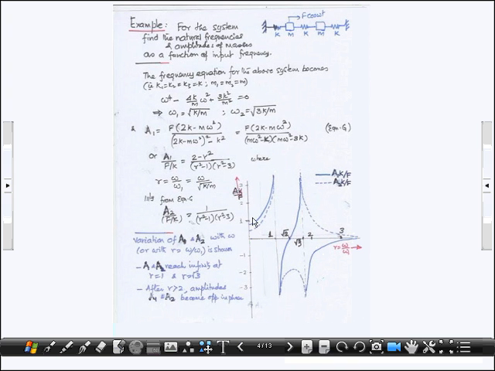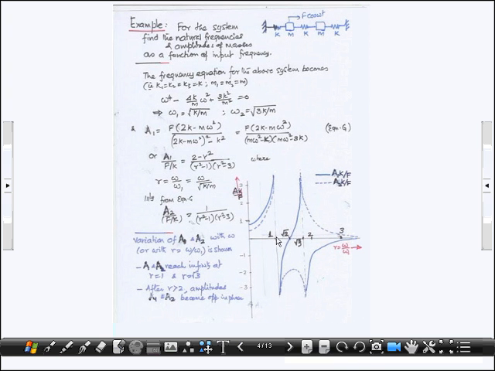You will find that when r becomes equal to 1 or r is equal to root 3, the denominator becomes zero and the amplitude goes to infinity. Naturally, these two happen to be the two natural frequencies, and under those situations, both the amplitudes a1 and a2, represented by the dotted lines, reach infinity.